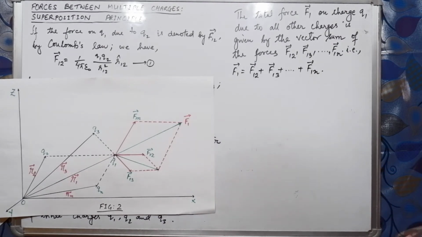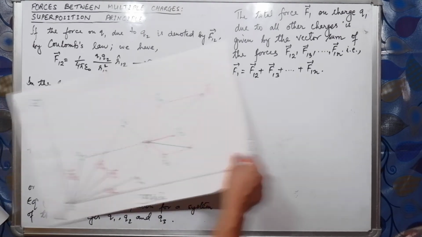Now we will substitute the values of F12, F13 up to F1n, so we will get the final answer.